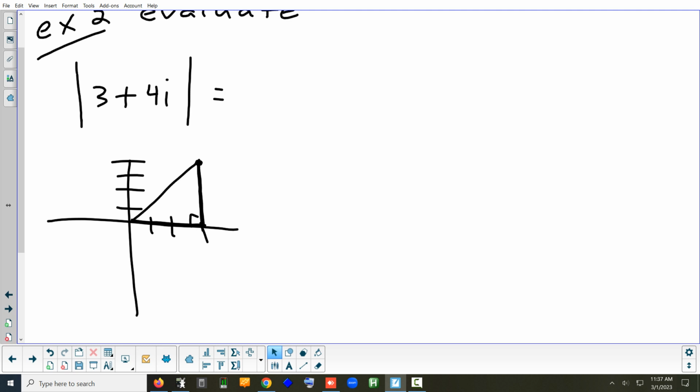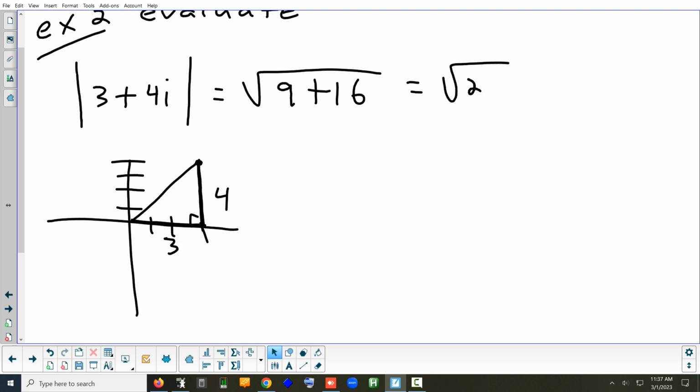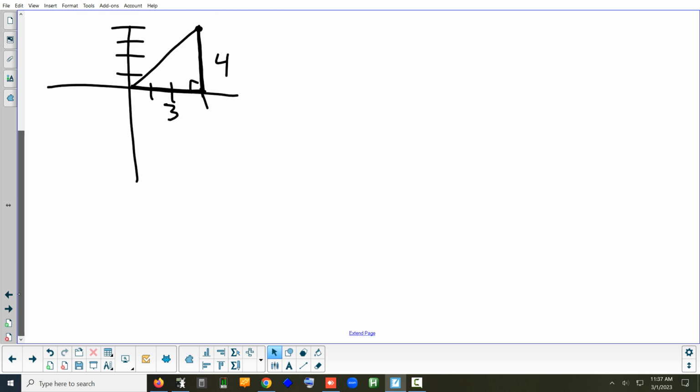The square root of 9 plus 16. Yep. So just use 3, that's 4. And the distance is how much? 5. So that is the absolute value of 3 plus 4i. It's the distance from this point to the origin. 5 units. Any question on that? So that's pretty straightforward.